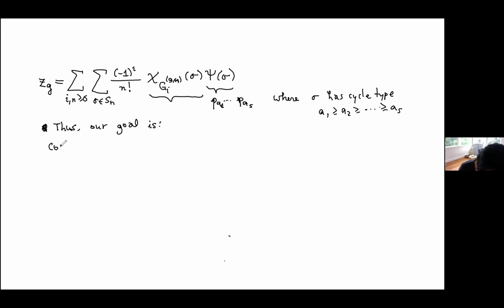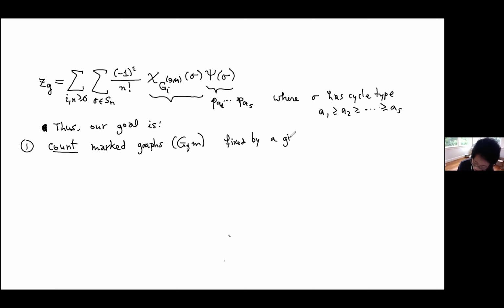Our counting problem is as follows. Let me write this as problem number 1, because we'll go through a series of problems. We're going to count marked graphs, so pairs (G, M) that are fixed by a given sigma.